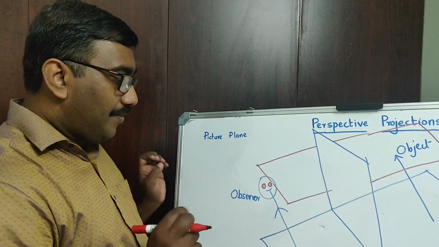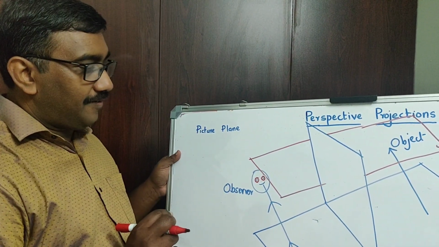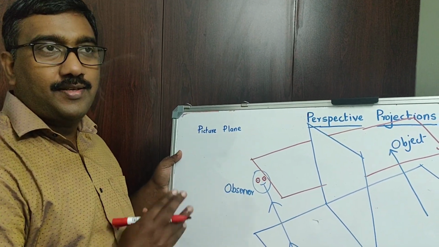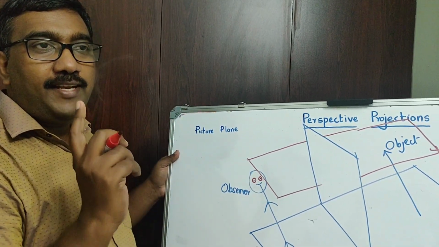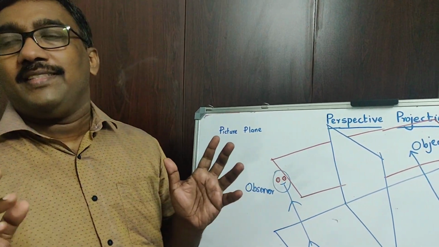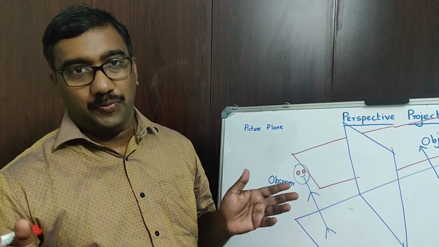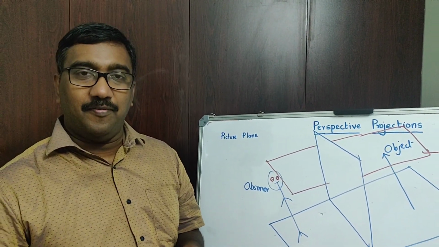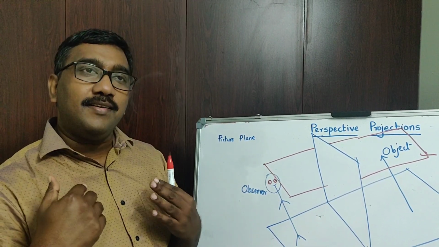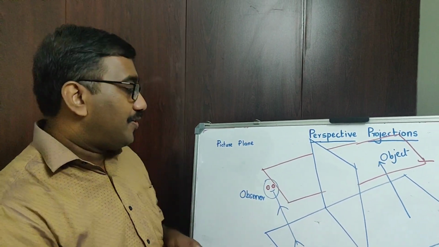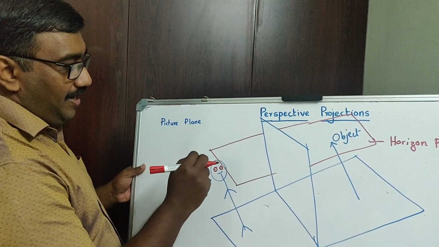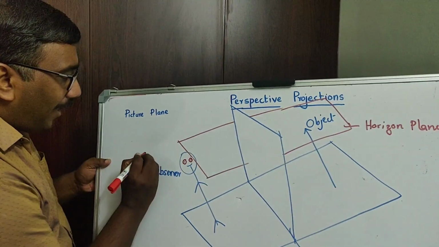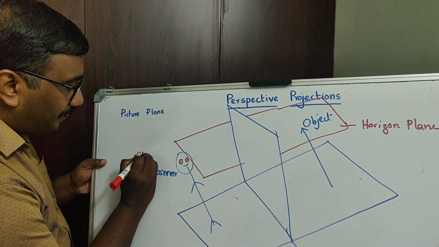Horizon plane. As I mentioned, the eye of the observer is the most important thing in the case of perspective projection, because depending on the position of the eye, there will be changes in the perspective view. If you are sitting, you are seeing a different perspective. If you are standing, you are seeing another perspective. So, the eye of the observer is named as station point.